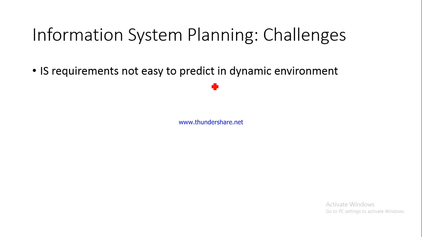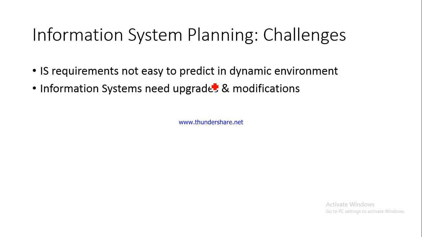So this is number one. First thing is, you simply cannot predict with 100% accuracy what your IS requirements would be. Again, information systems shall also require upgrades and modifications. For example, think of an MIS, the IRS, information reporting system. So you've got an information reporting system, and you have got pre-designed formats for the reports. And let's assume that you were a bank earlier.